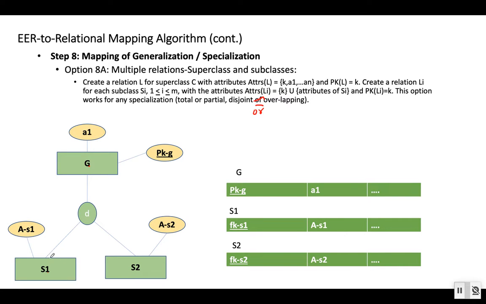Now, as each subclass is a subclass of the superclass, how can we represent that? For that we are going to have a foreign key in each of the subclasses, with the same domain as the primary key of the superclass, and the foreign key will reference the primary key of the superclass.